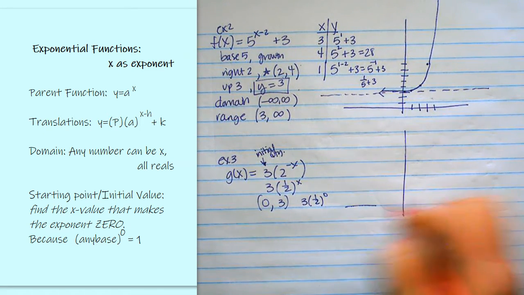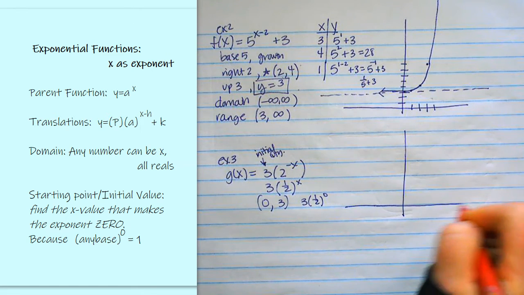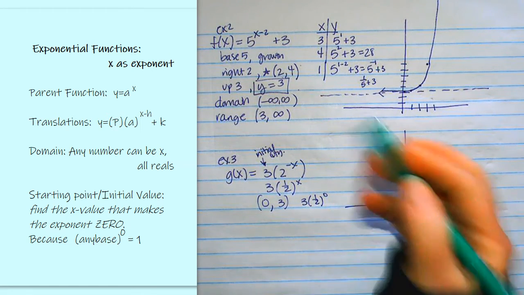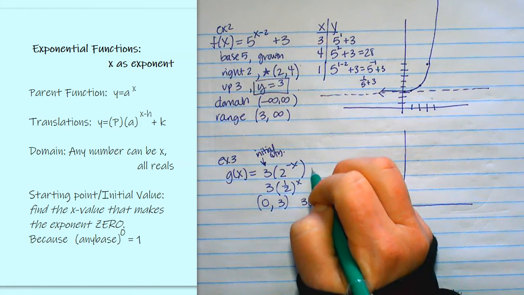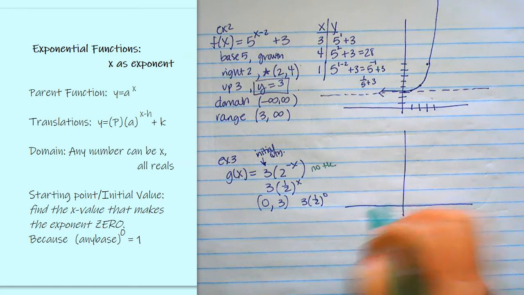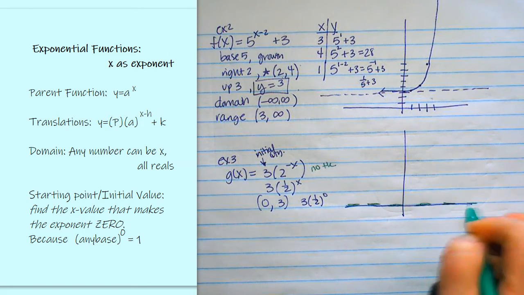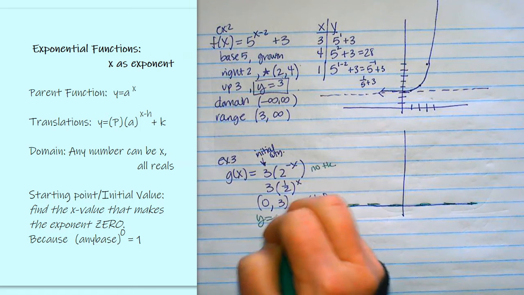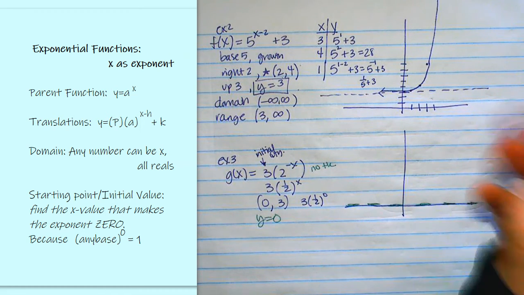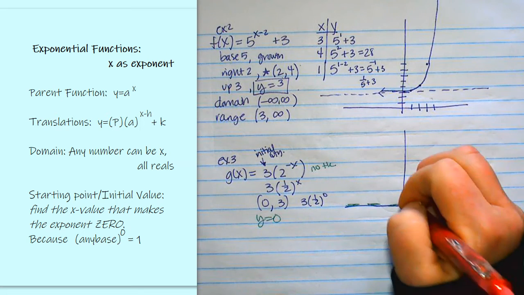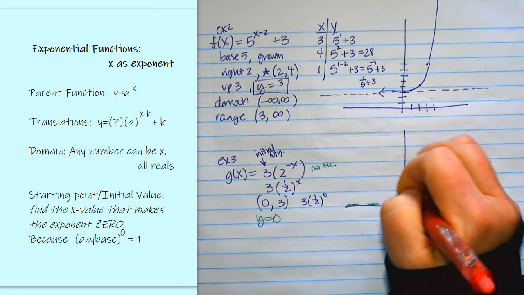It does not have a horizontal shift, a vertical shift. There's no plus k. Therefore, the asymptote is going to be here at 0. So y equals 0 is the asymptote. You do have to graph it. And my starting value is at 0, 1, 2, 3.